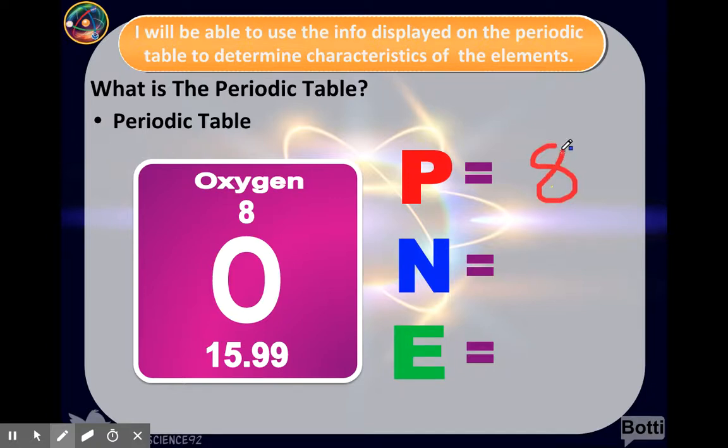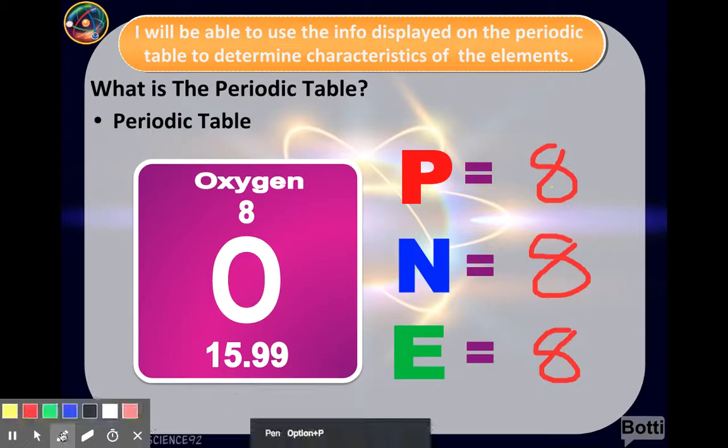Now, in order to find the number of neutrons, we subtract the atomic number from the mass. So 16 minus 8 is 8. And then the number of electrons is equal to the number of protons, so that is also 8. This one is pretty neat, having all numbers the same across, but that's not always going to be what happens.